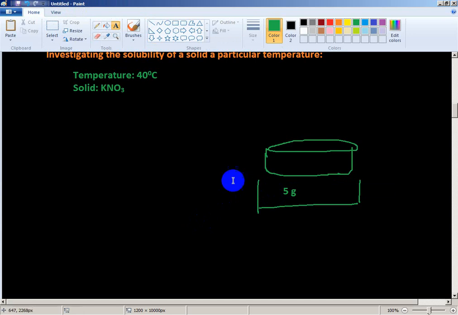The reading in the digital balance shows 5 gram.